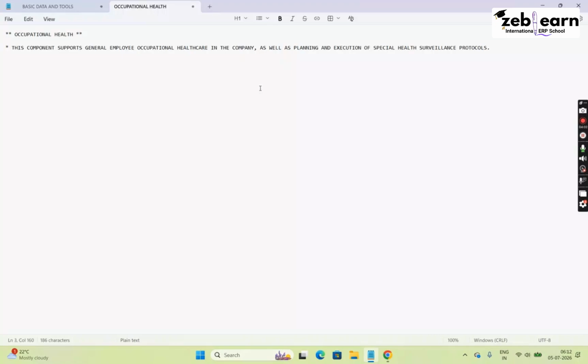Can you tell me with which module this has integration? In occupational health, which component or which module data is used? When you want to create data in occupational health, which is the most important database from where you will access the data?